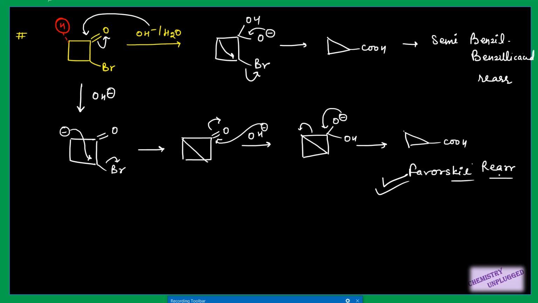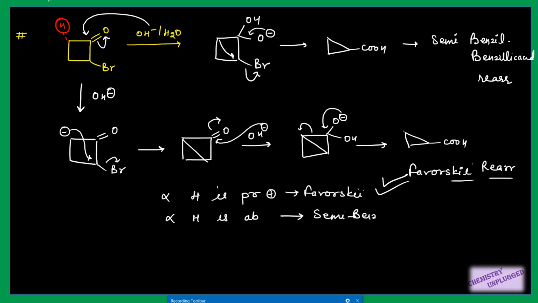Or you can write it directly: when an alpha proton is present, follow the Favorsky rearrangement, and if the alpha proton is absent, then you will follow the semi benzilic acid rearrangement, right? We have to remember this thing.